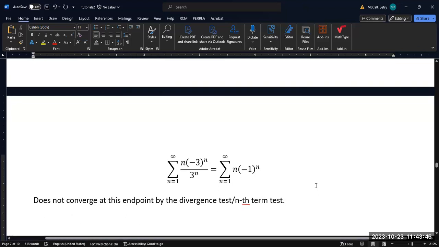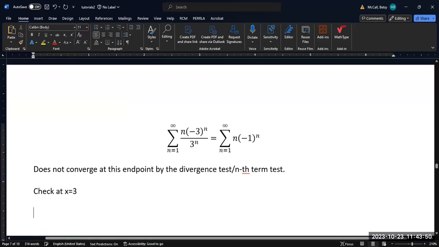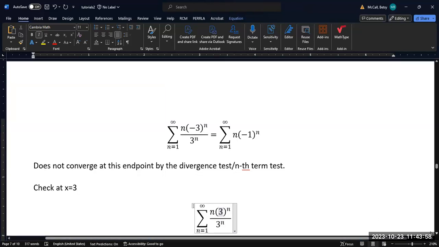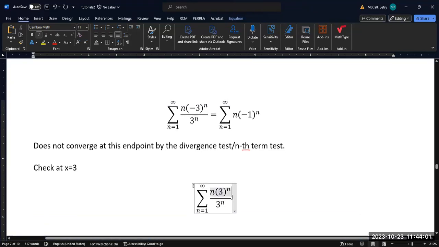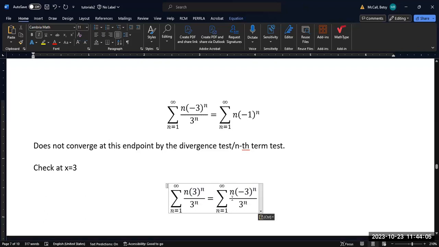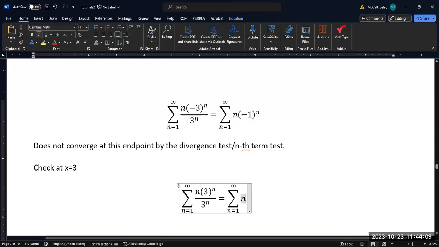And then we do the same thing at the other endpoint, x equals 3. The only difference is that we're going to have a 3 to start with. And when the 3's cancel, we're just going to be left with n. And this also fails to converge for the same reason.